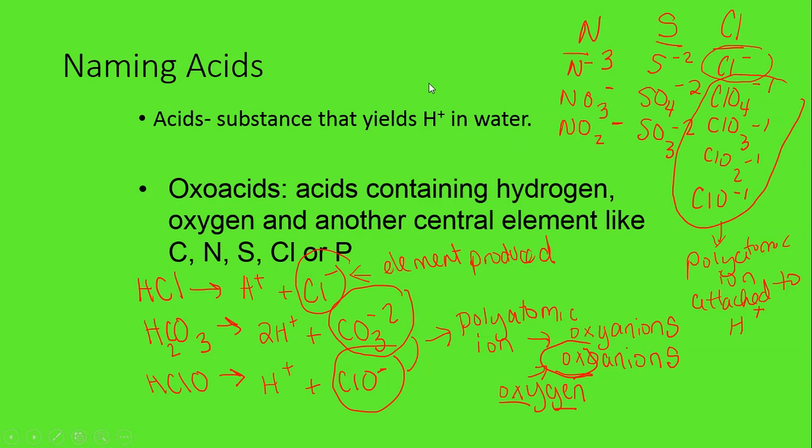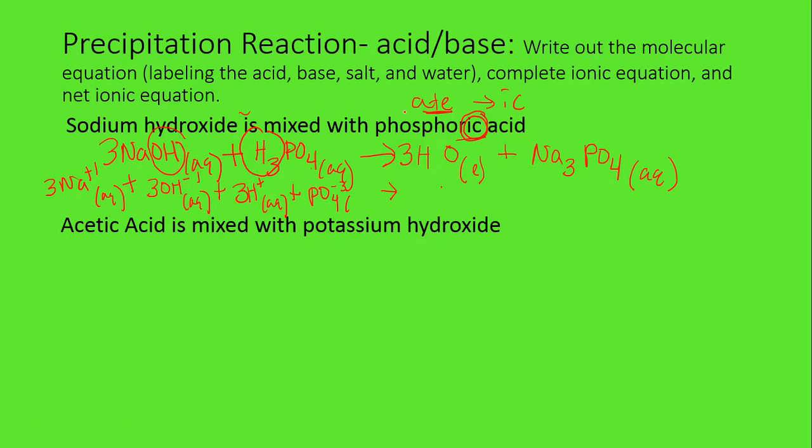Go back. Yields 3 H2Os. Again, you can't separate it because it's a liquid, right? So it's not aqueous. It cannot be put into ions. But plus 3 Na+ can be separated because it's aqueous, plus 1 phosphate.